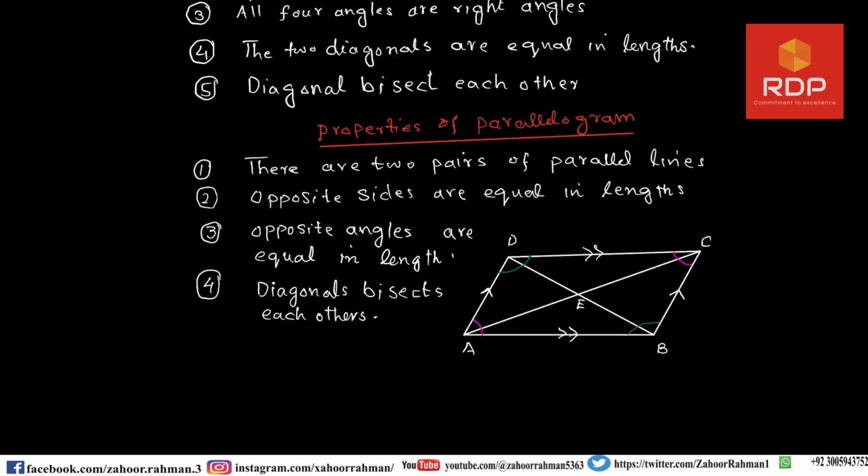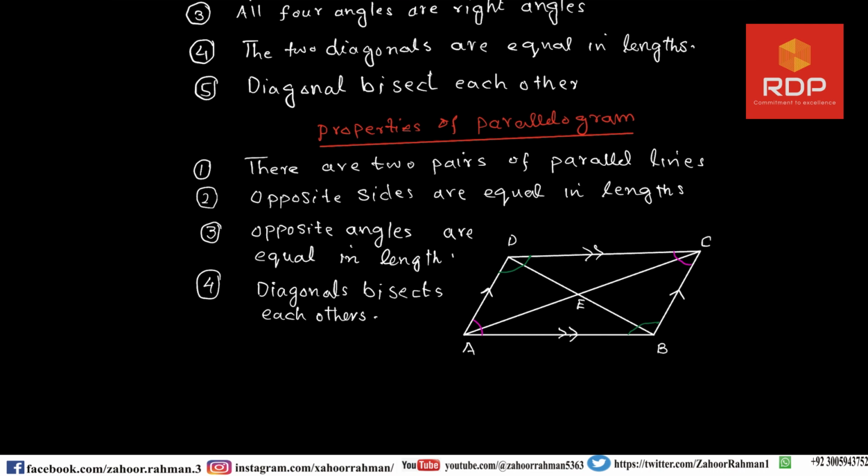When you tilt the rectangle on one side, then you will get a parallelogram. There are two pairs of parallel lines. That was also the case in a rectangle, and this is also the case in this parallelogram. Two pairs there, two pairs here.